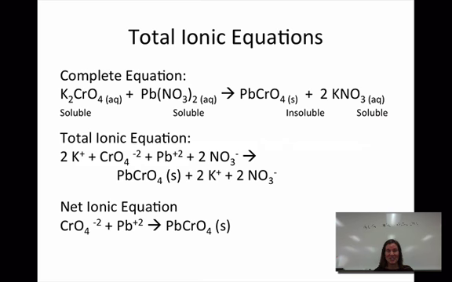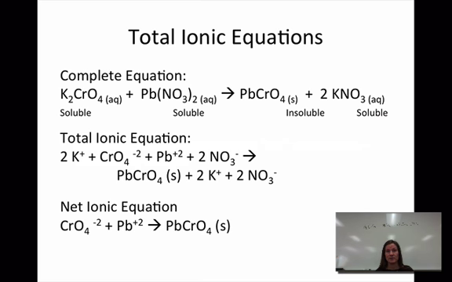So on the screen here, you can see the progression of how you go from a complete equation, which is a normal equation like you've done for double displacement reactions, and in the end, you convert it into something called a net ionic equation. Now, the difference between the first one and the last one is that there's no potassium and there's no nitrate reported in the end, because those two ions didn't undergo a chemical change.